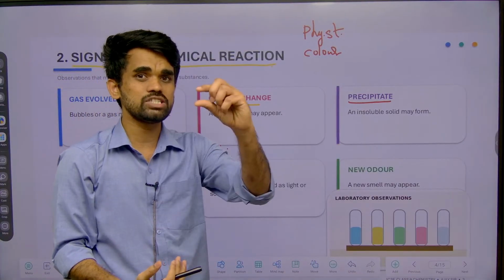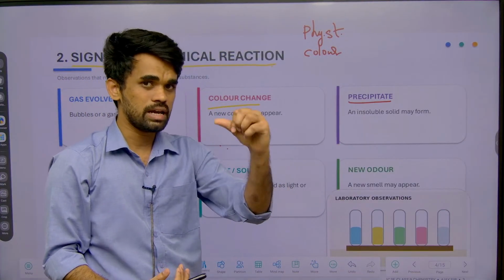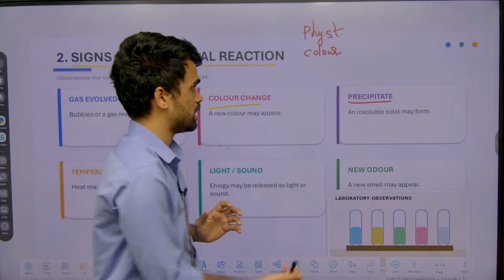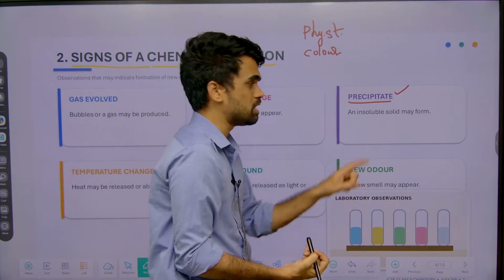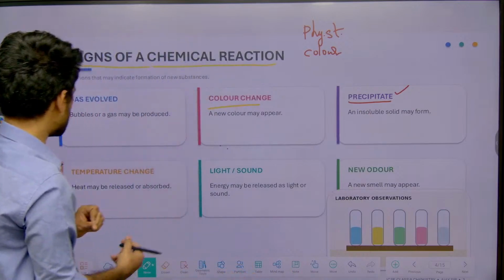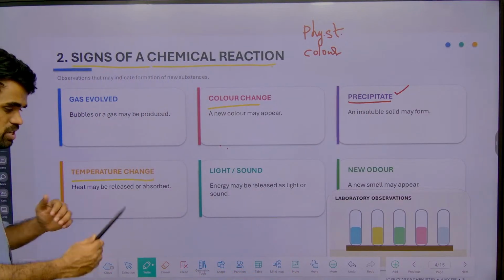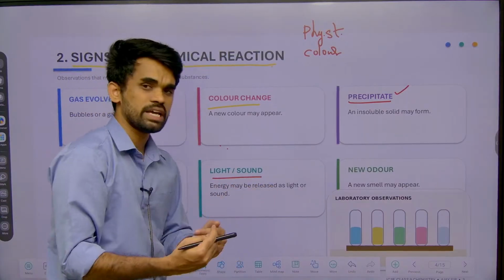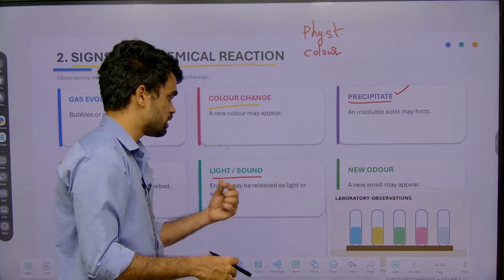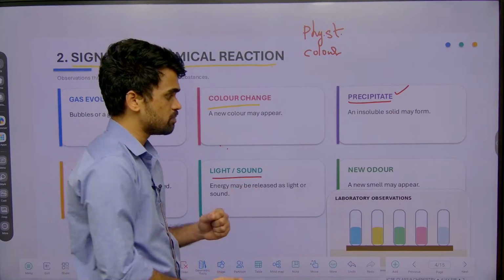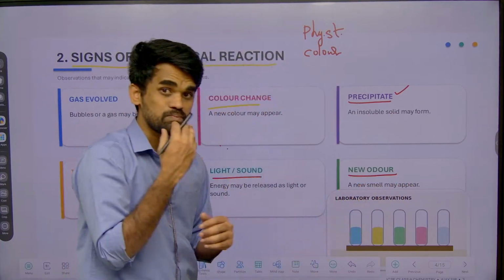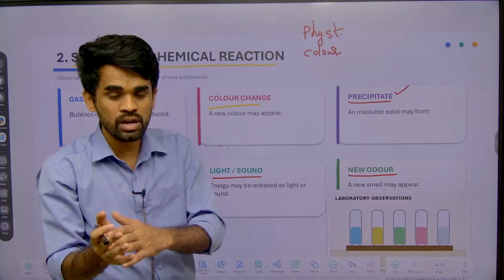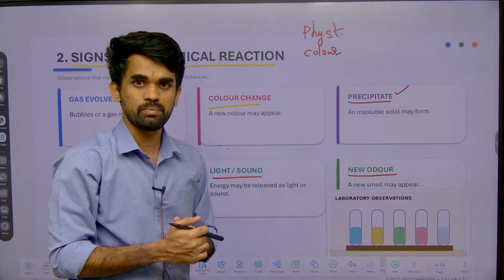Precipitate means any solid mass is formed, like a powder substance, we will see that later. Then next, what is the temperature change associated during the reaction. Then next, whether we are using anything like light or sound for conversion of this reaction, or what will be the smell that we are observing before and after the completion of the chemical reaction.